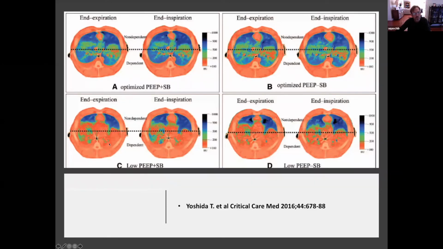If you use a low PEEP, not surprising, and everyone knows, like we know from previous description by Gattinoni with a large series of CT scans, as you can see, low PEEP, you get immediately these collapsed dependent lungs, and you don't achieve that much more.